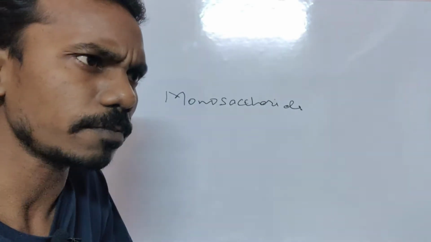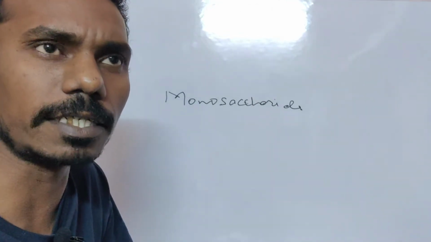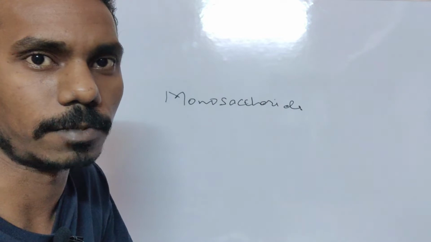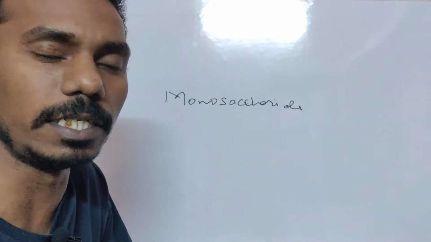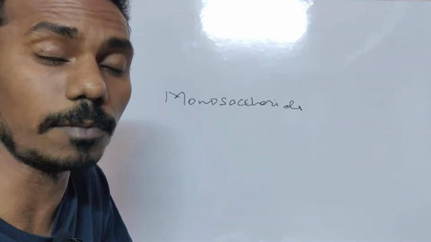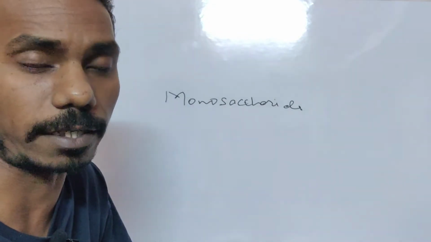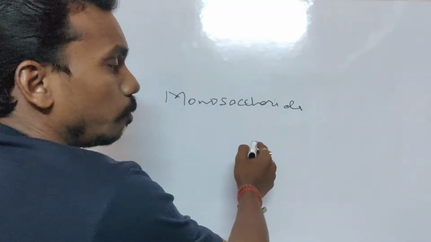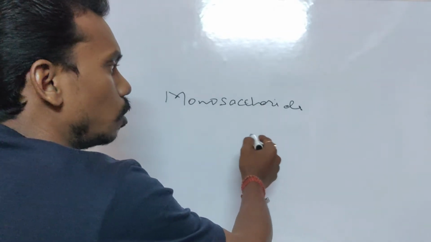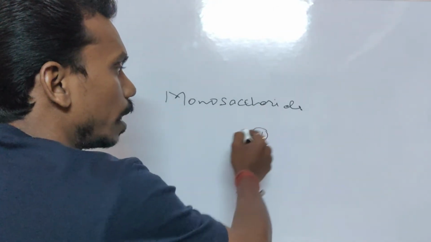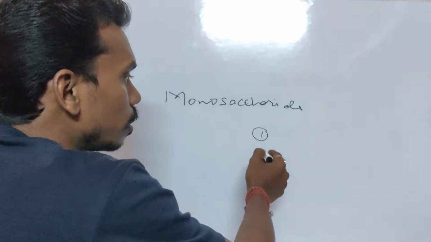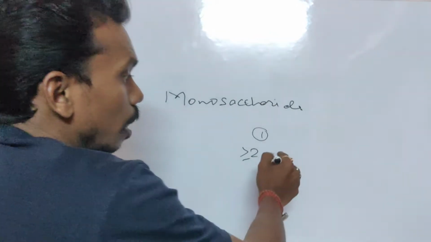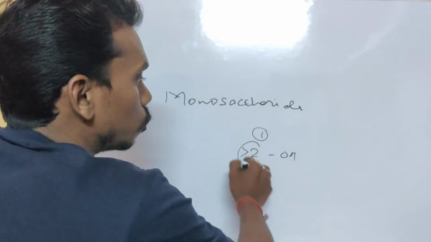The question comes: is it possible to produce a monosaccharide with 2 carbon atoms only? The answer is no. There is no possibility to have a monosaccharide with only 2 carbon atoms. This is because one monosaccharide or carbohydrate molecule must contain at least one functional group, and two or more hydroxyl groups.